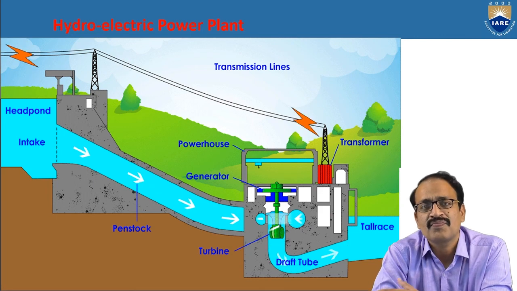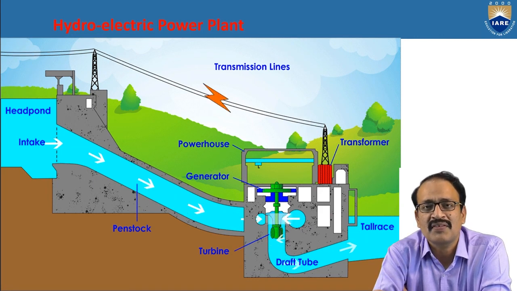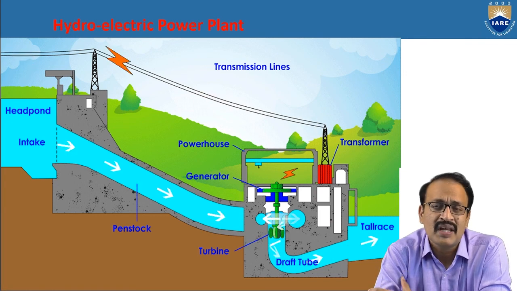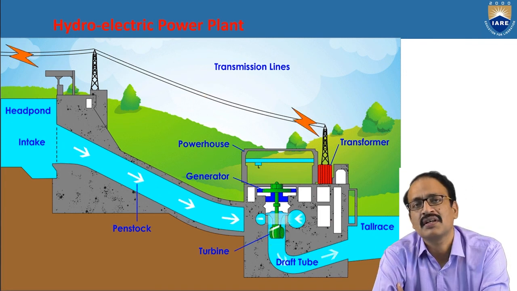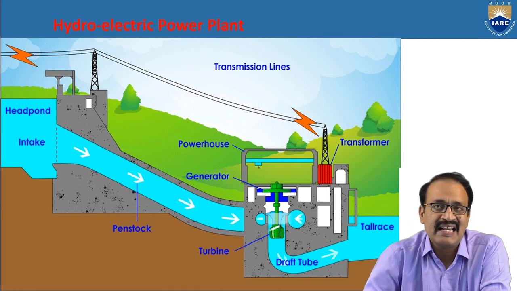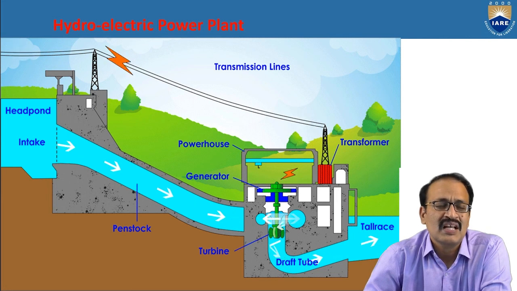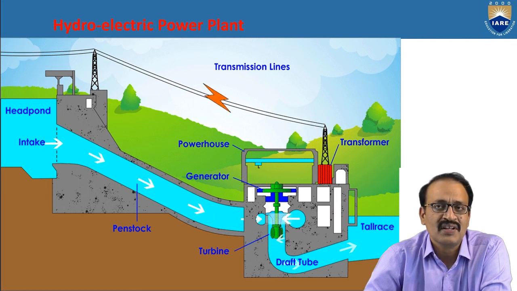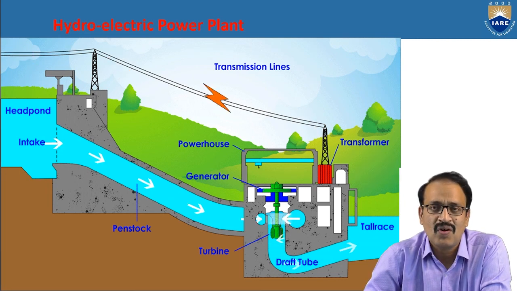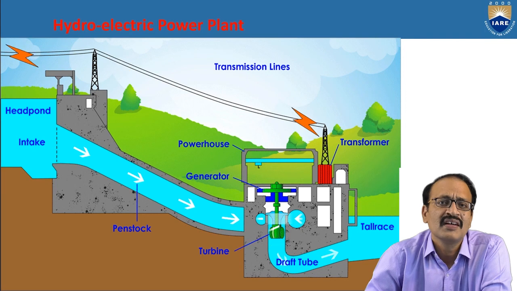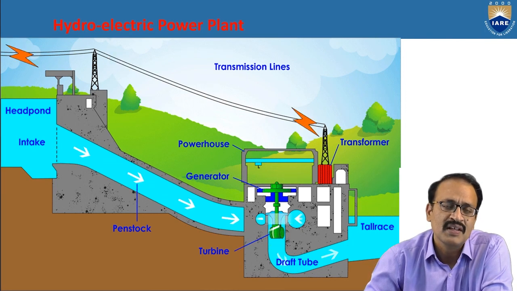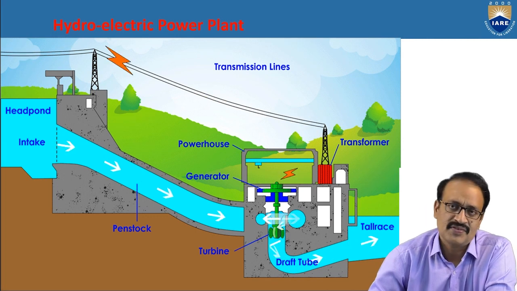Below the turbine, there will be the draft tube, and afterwards a tail race. The turbine is linked with the generator, which is placed in the powerhouse. From there, we use the transformer to step up and supply it to the transmission lines.